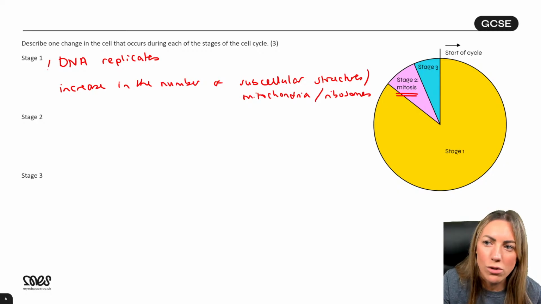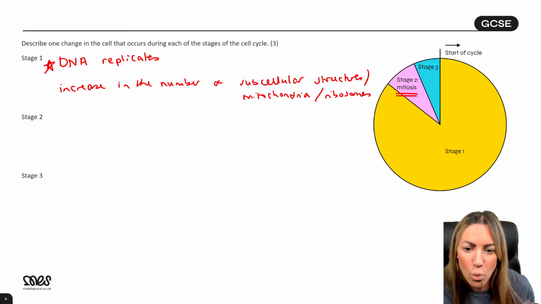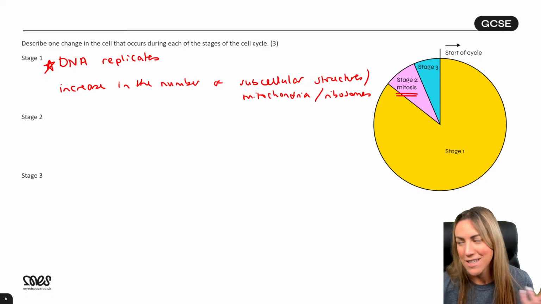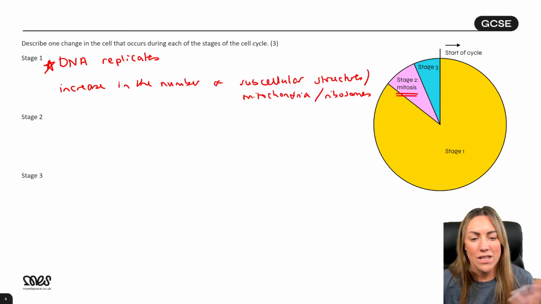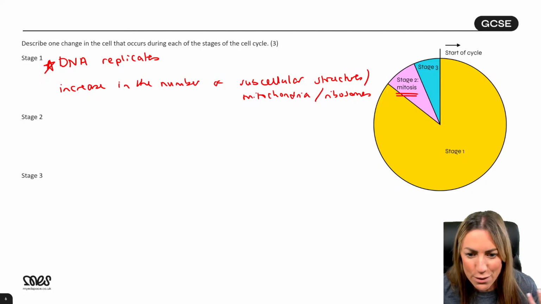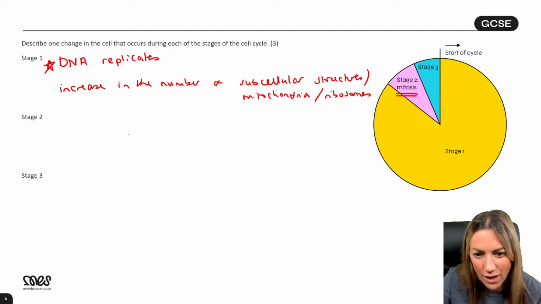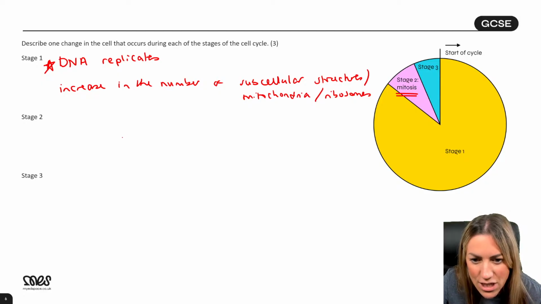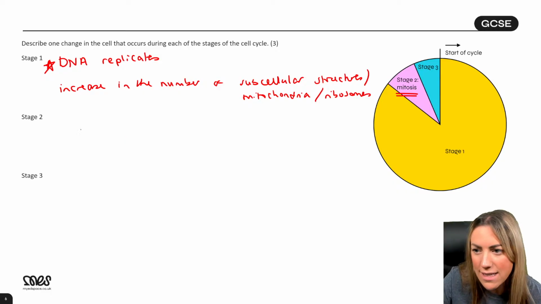But the big one we're all going to remember is during stage 1, we have to replicate the DNA because the cells are going to divide. So each daughter cell is going to need its own set of DNA, its own set of chromosomes. Okay. Stage 2, Mohammed says the nucleus divides. Yeah, that would be accepted.